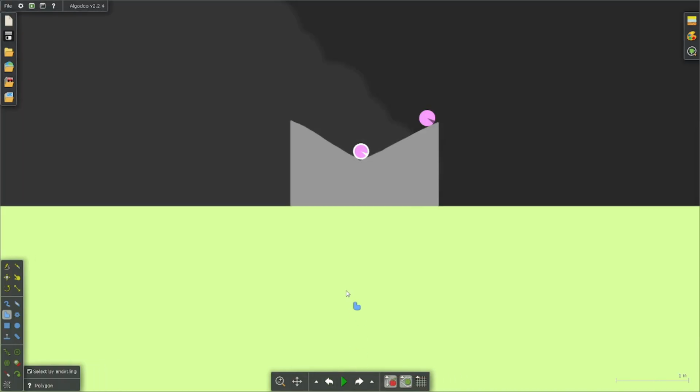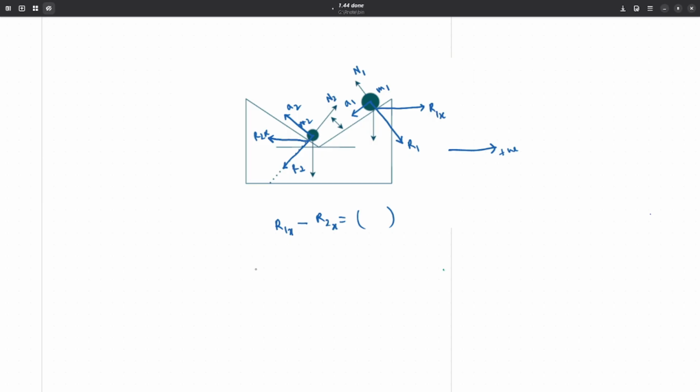Therefore, n1 is equal to n2. So, as we have seen in the simulation, r1x must be equal to r2x. And this is our first equation.